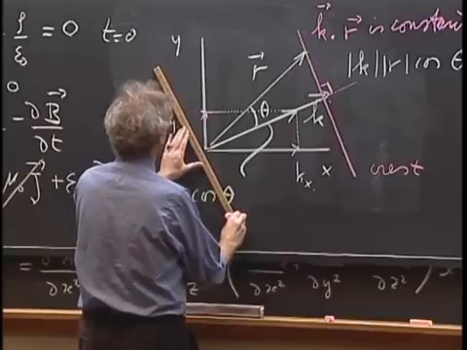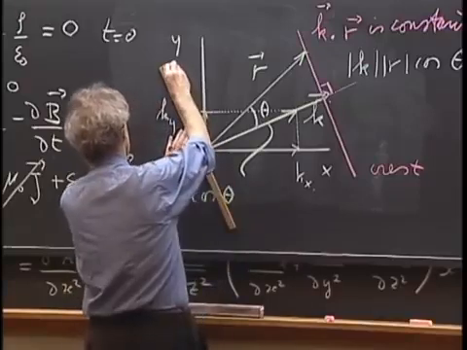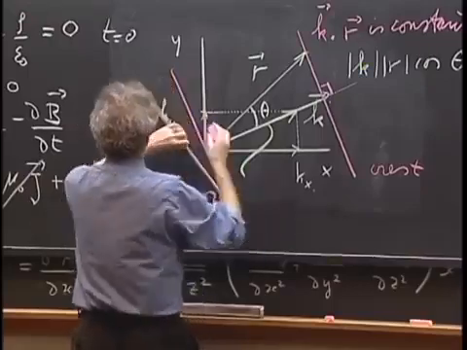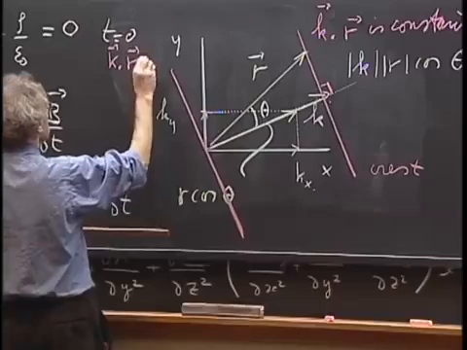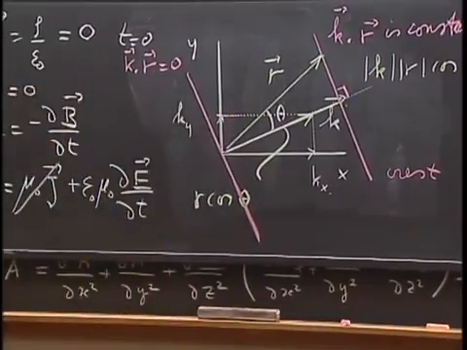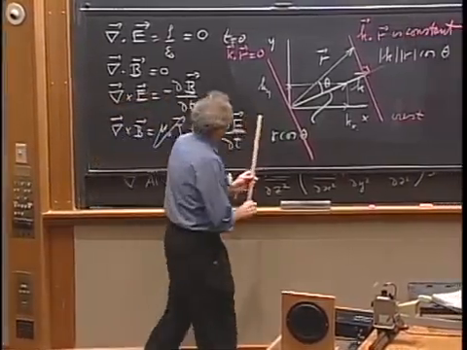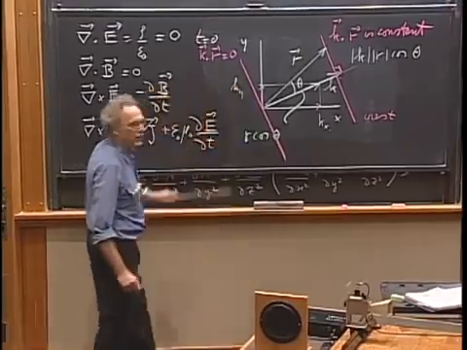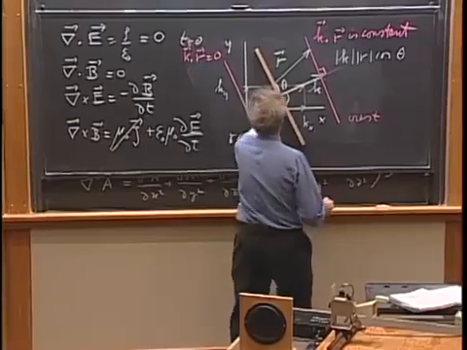And here, I draw another line perpendicular to r. So here, k dot r is 0. The dot product is 0. R is perpendicular to k. So this point, I will also assume that the E vector here is a maximum pointing in your direction, and then there is one here.